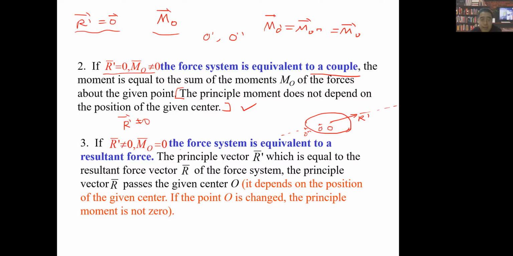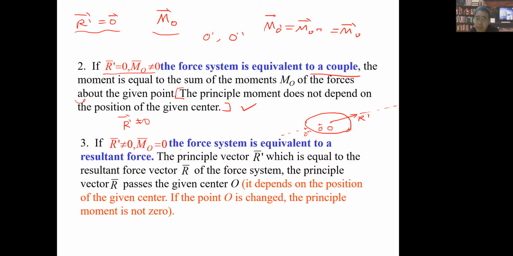So let's see, it tells us the principal vector R prime is equal to the resultant force vector R of the force system. So the principal vector R passes through the given center. Why? Because the original force system is equivalent to a single resultant force R prime.